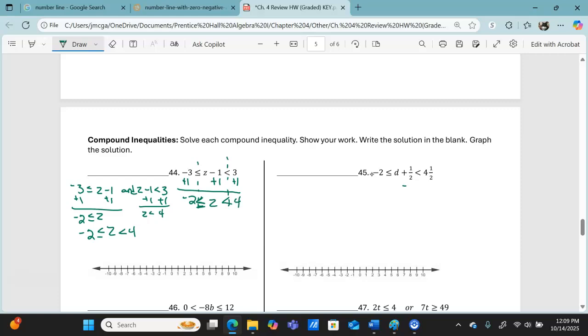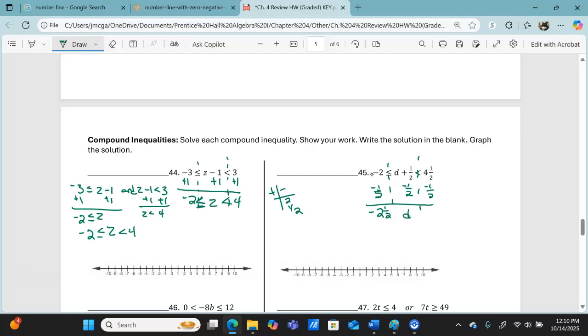I'm going to subtract 1/2 from both sides, or from all three sides, because I have that. So -2 minus 2.5, or minus a half. They're both negative, so I get -2.5.